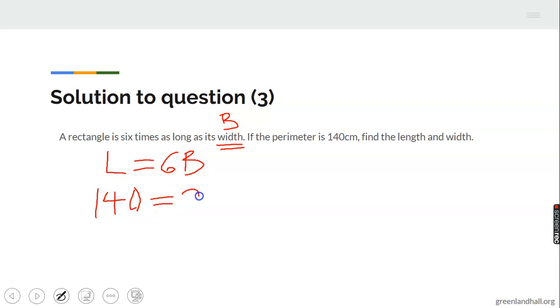So 140 centimeters equals 2 into, now instead of writing L, you just put 6B plus B. Are you getting me? Now divide both sides by 2.